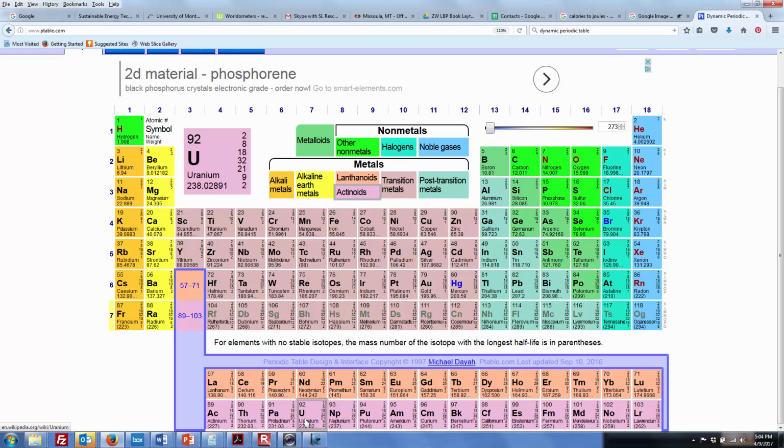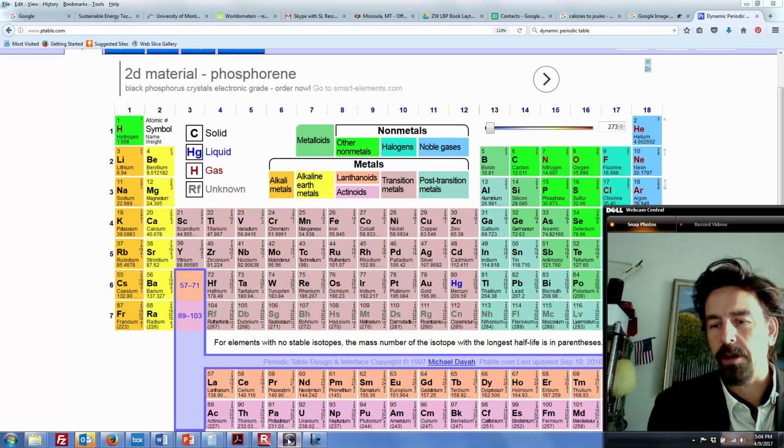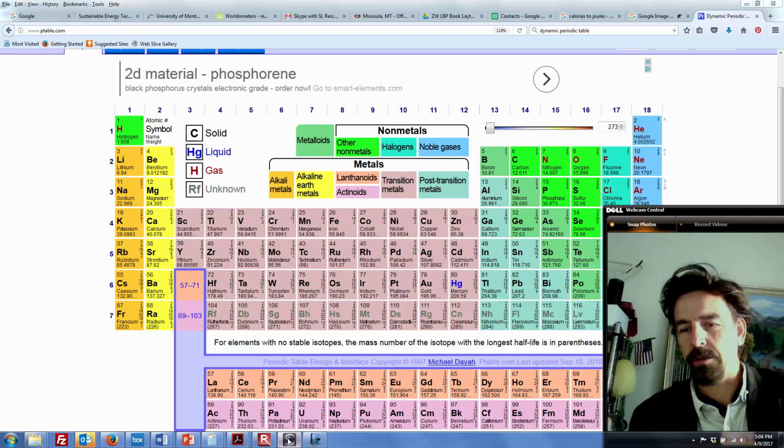And what happens in the sun, you get enough fusion, and eventually you make iron. And when you make iron, all of the fuel is gone. Same thing if you're doing fission. All of these elements split apart, and once you get to iron, all of the nuclear energy is gone.